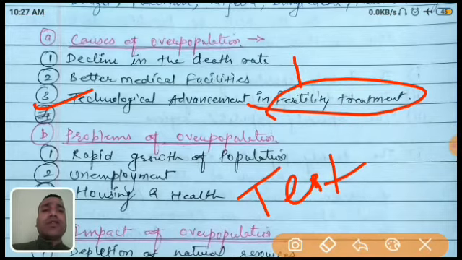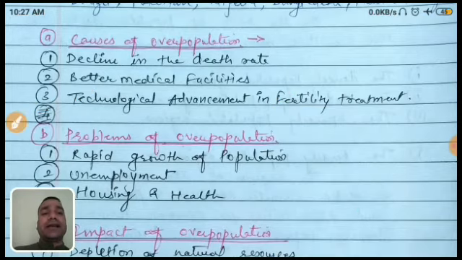Because of the advancement of technology, new technologies are developed. That's why pregnancy is very easy, conceiving a baby is very easy, and the fertility rate is very high because of all this advancement of treatment. So definitely the birth rate is increased. I hope it is clear.